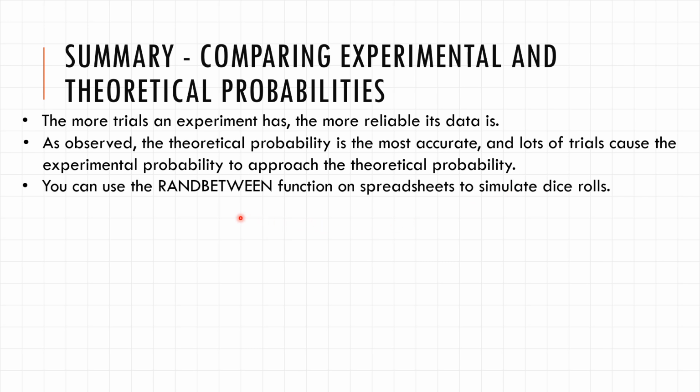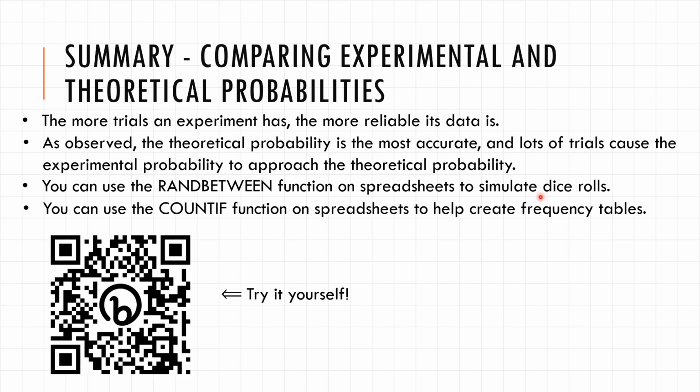We also learned about the RANDBETWEEN function on spreadsheets. You can use this function to simulate rolling dice. And we can use the COUNTIF function to help us create frequency tables when we're doing like 1 million different trials. And I've got a QR code here where you can try it out for yourself, where you can go to a spreadsheet, you can try out these dice rolls. I have a few examples of the RANDBETWEEN and the COUNTIF functions for you to go ahead and try out there. So if you'd like, you can definitely go ahead and do that.